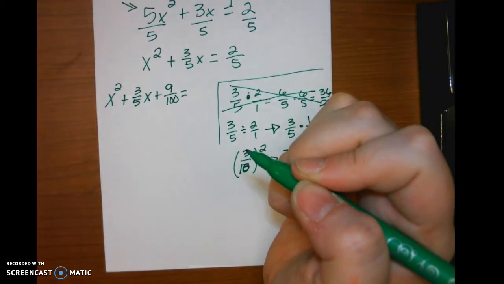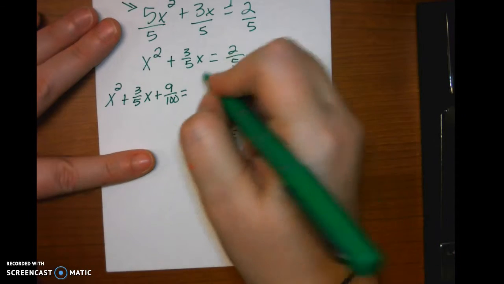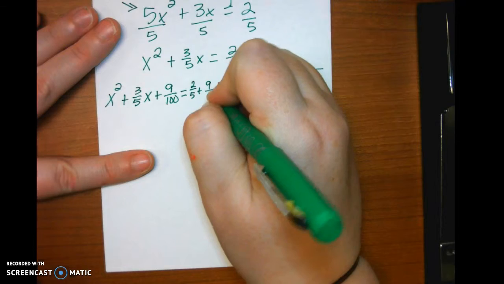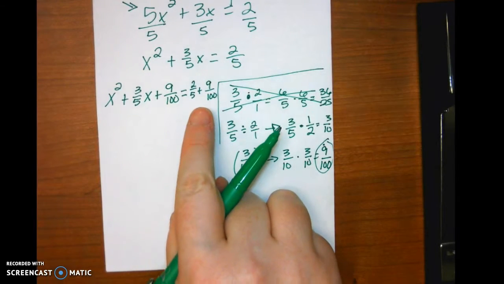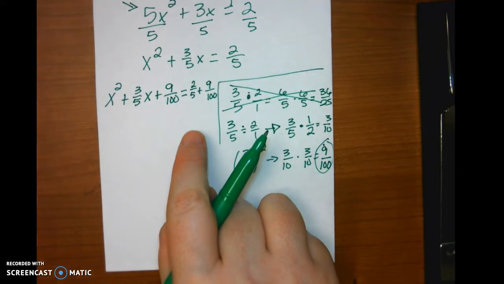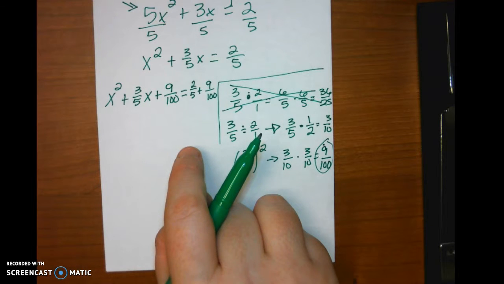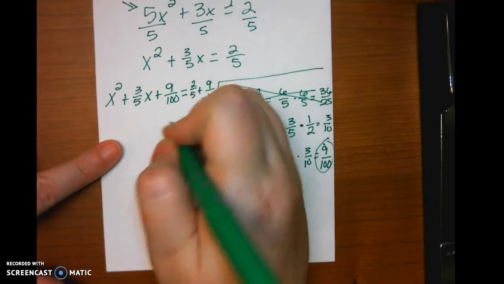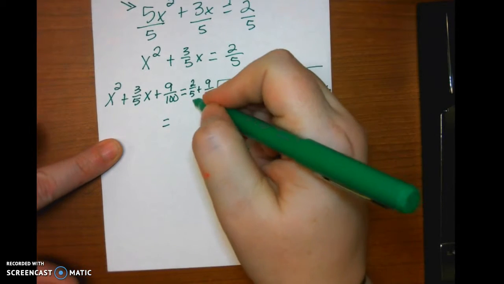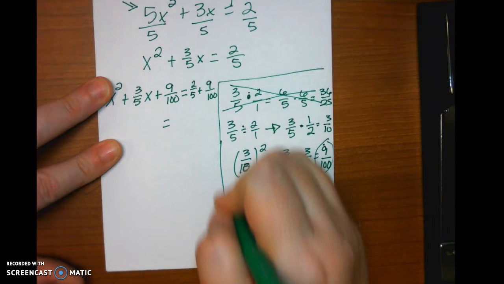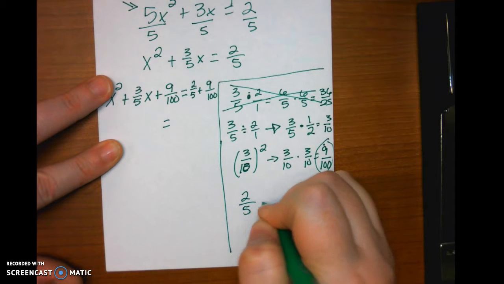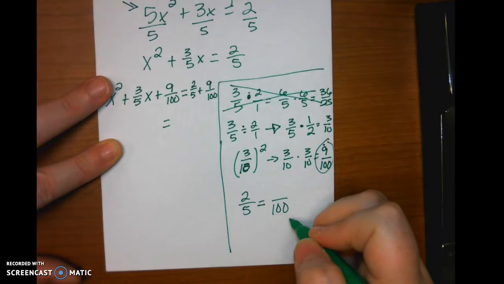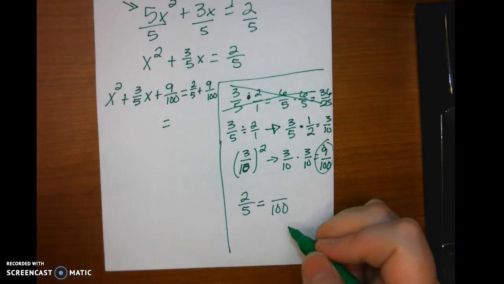What do you think? Well, I'm just going to write the two fractions, 2/5 plus 9/100, because I'm not going to fuss with putting them together just yet. Okay? I will in just a second. In fact, let's do that right now. 2/5. Well, let's see. If I'm going to change 2/5 to be hundredths, 2 times 100 is 200.